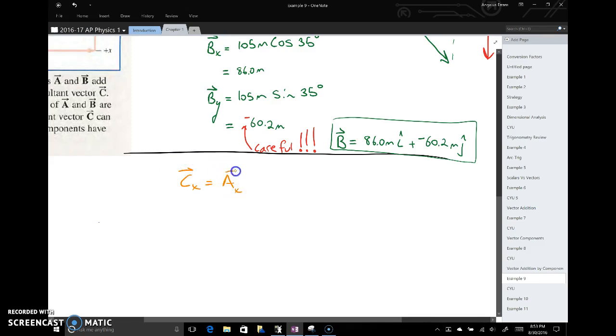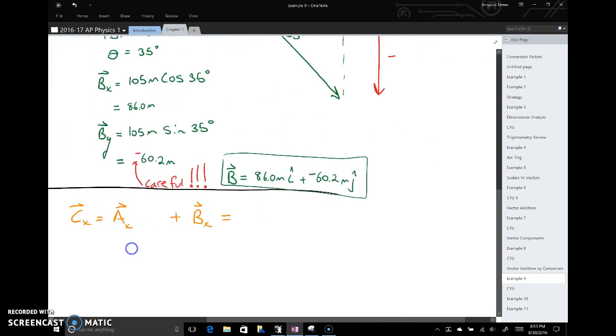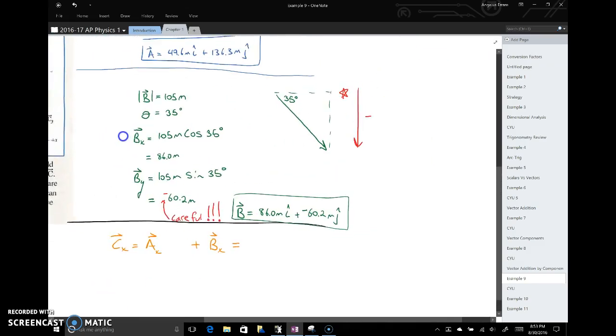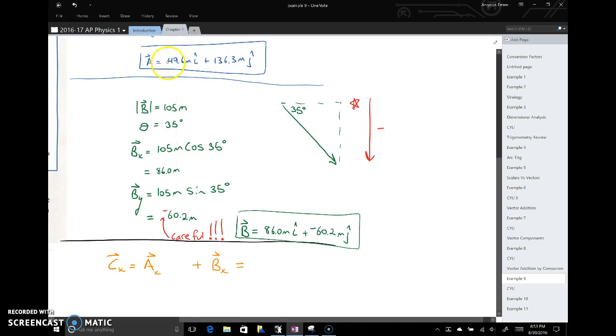The x component of C is equal to the x component of A plus the x component of B. And looking at that, the x component of A is right here. That's 49.6. And the x component of B is 86.